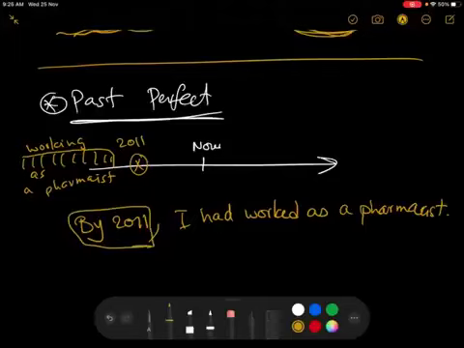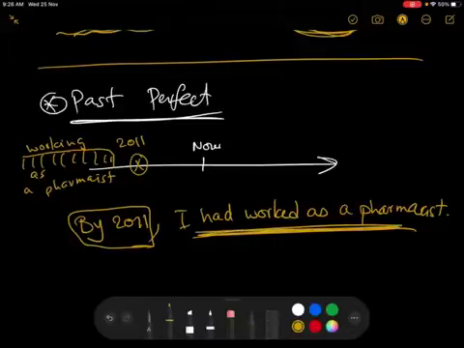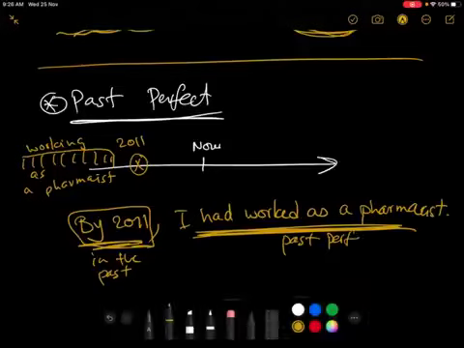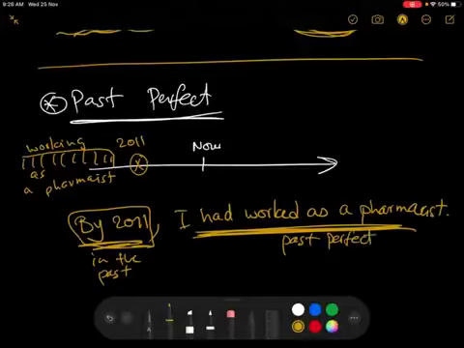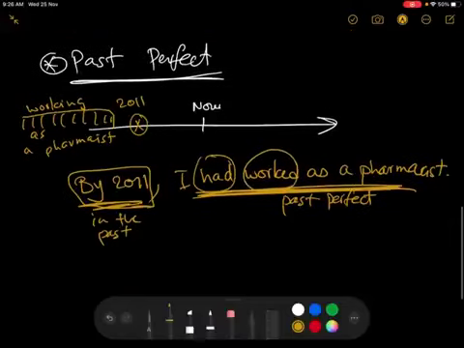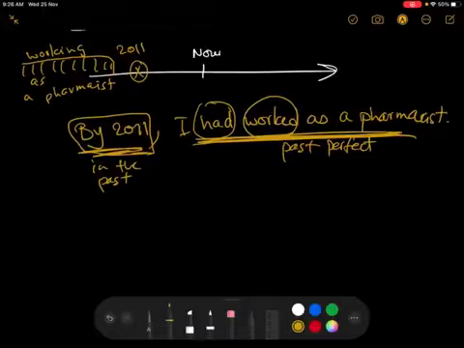So in this sentence, I understand that before this time, an action was completed. This point of time is in the past. And the past of the past is the past perfect. The pattern of past perfect is had plus the verb in the past participle.